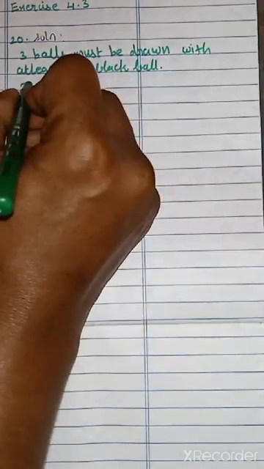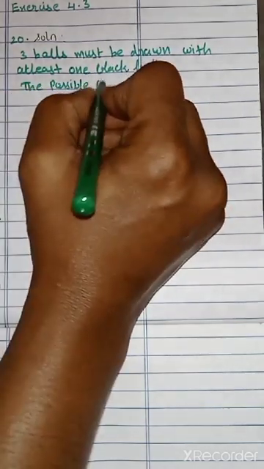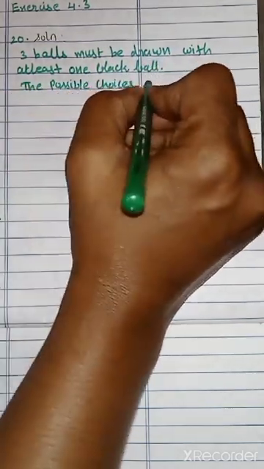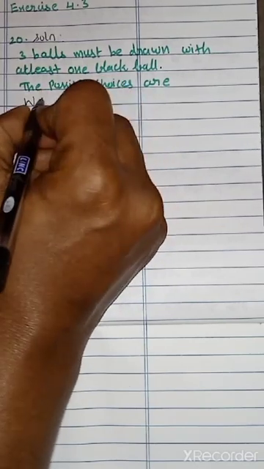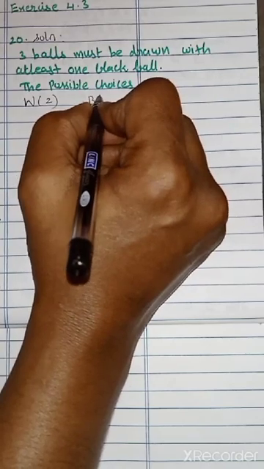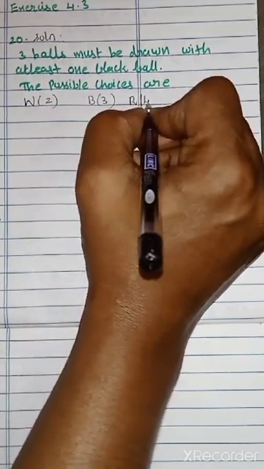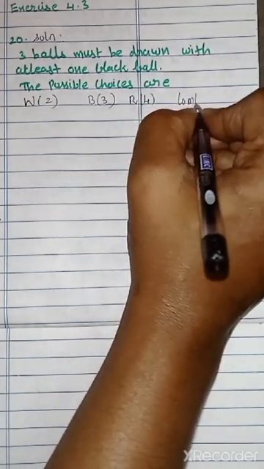Now the possible choices: we can take white balls. How many white balls are there? 2. How many black balls are there? 3. How many red balls are there? 4. And last is your combination.